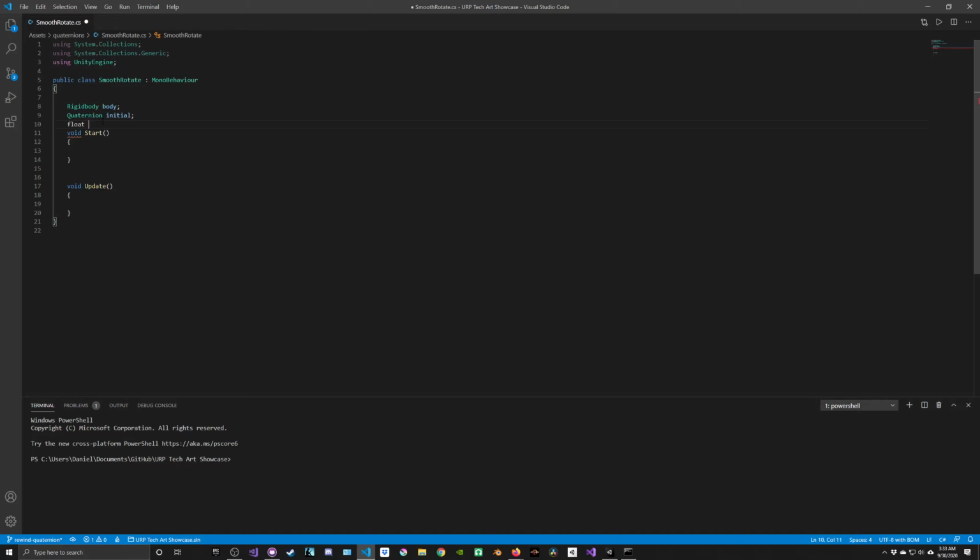Let's just call this speed. And we want a smoothing factor, so let's say a threshold of 10 degrees. If it's within 10 degrees of its target, let's start slowing down.